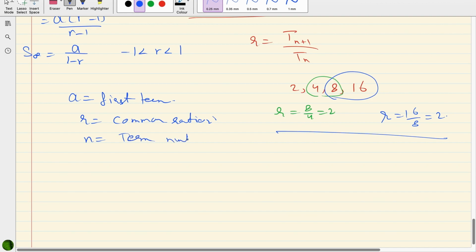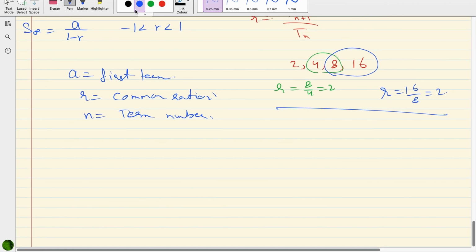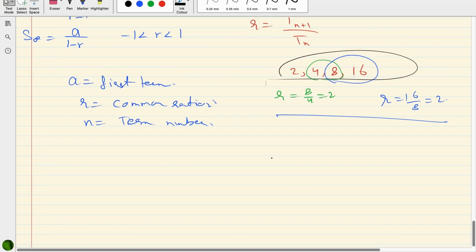Term number a is given. So for example, we are given the sequence 2, 4, 8, 16, 32 and so on. And let's say the examiner says find the sum of terms.